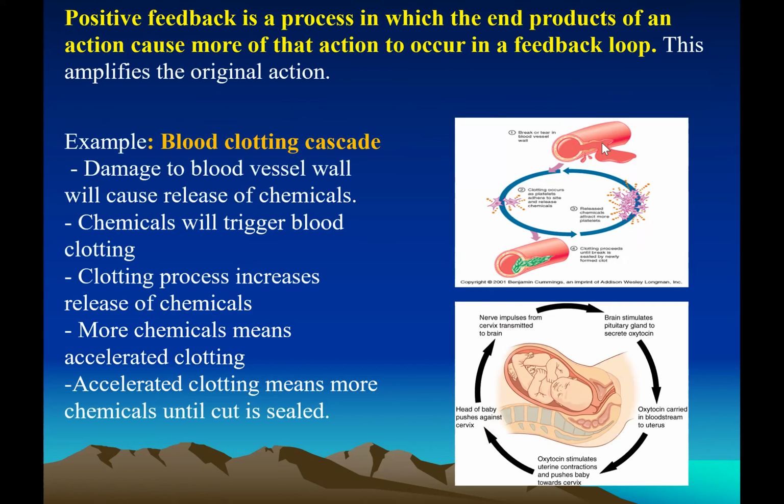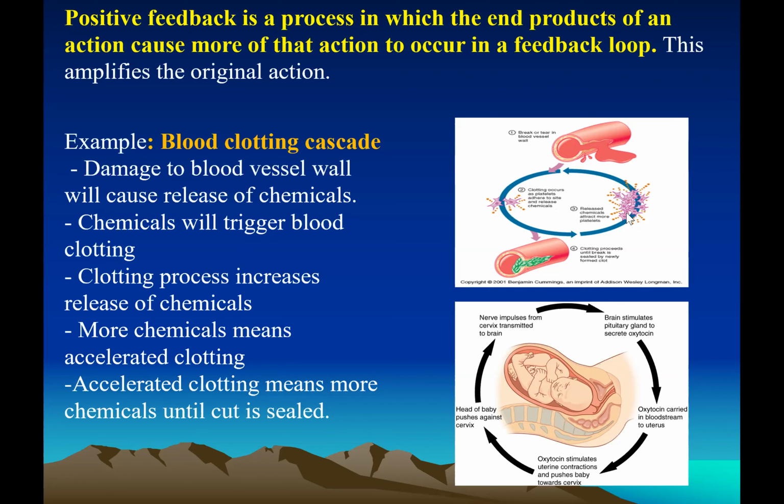As soon as there's a tear, you can't afford to lose or waste blood. So what happens is those chemicals from the cut will actually trigger clotting factors. These clotting factors will trigger the platelets to adhere. It's called the blood coagulation cascade. So these chemicals released because of the cut, and the platelets jumping into action, will release more chemicals.